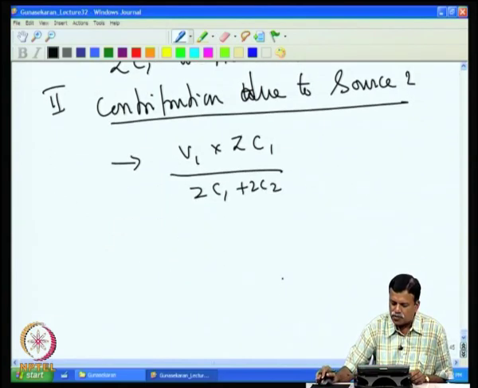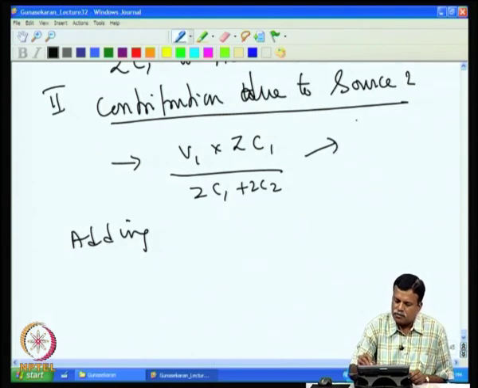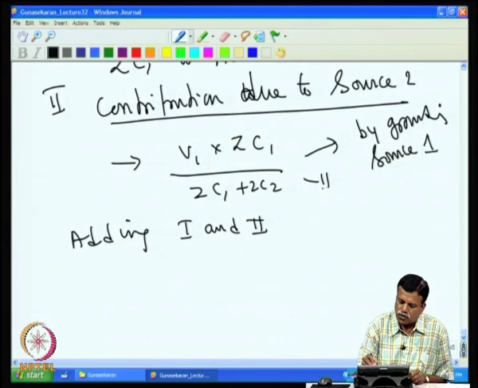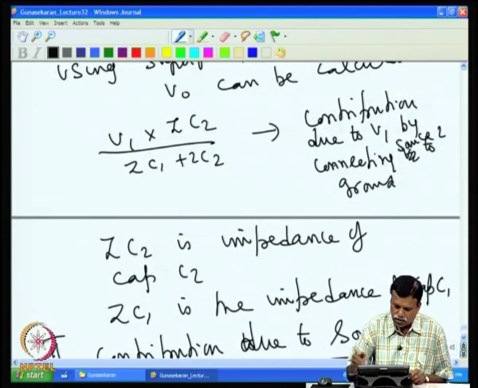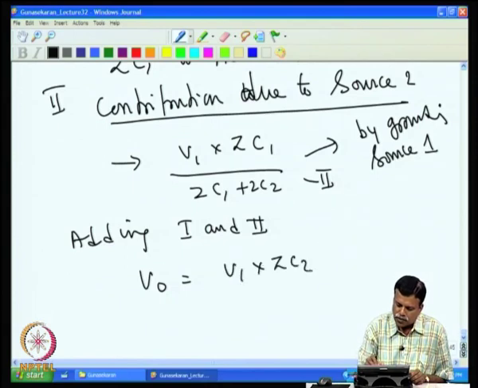So, adding these two, equations 1 and 2, we get the net output voltage V0. So, V0 becomes V1 into ZC2 divided by ZC1 plus ZC2.